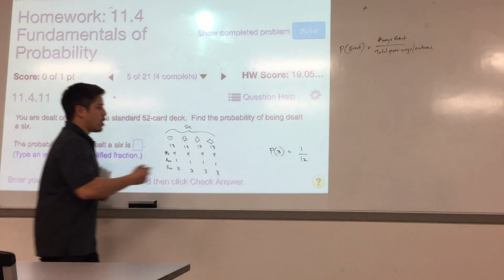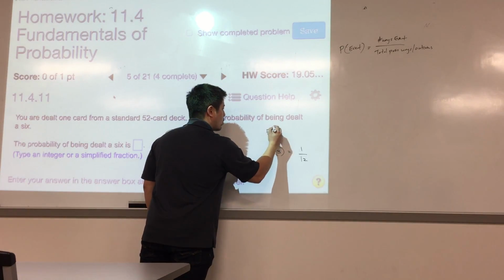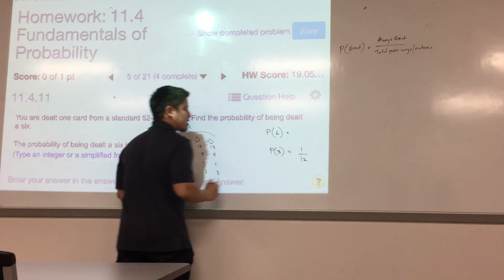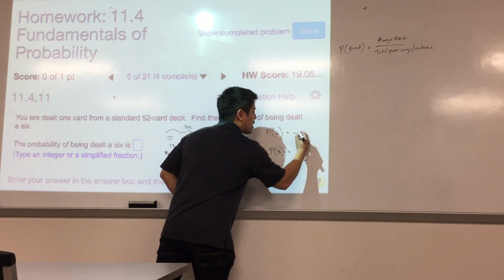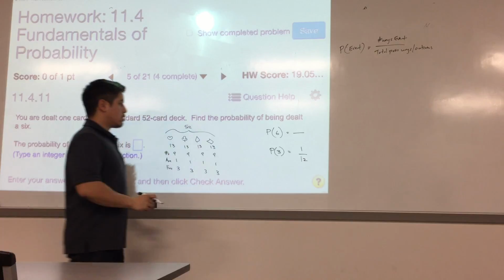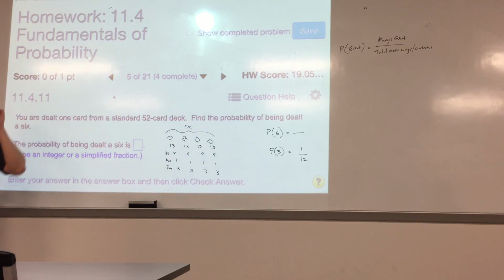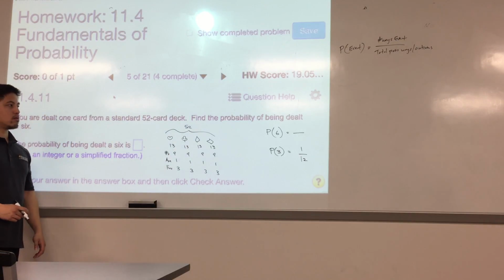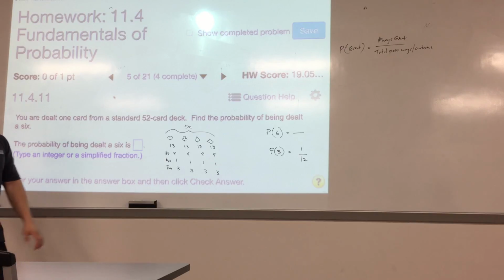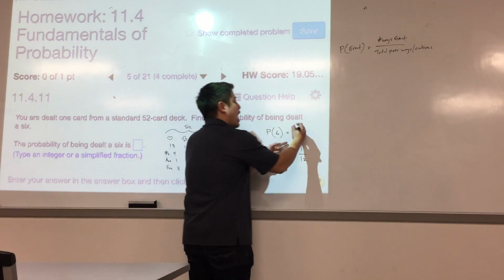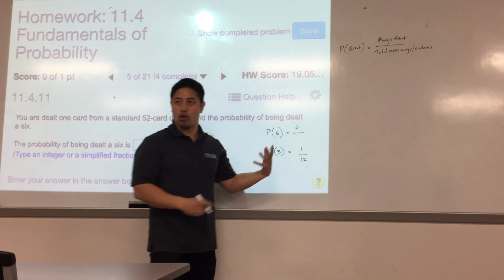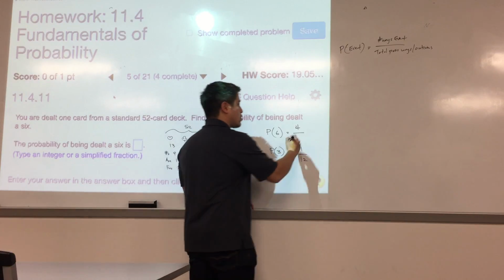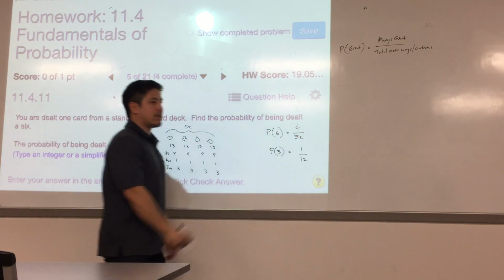Now, first and foremost, how many possible ways do we have to get a card? Let's look at the bottom. Yes, you're right. 52 total ways to be dealt a card.